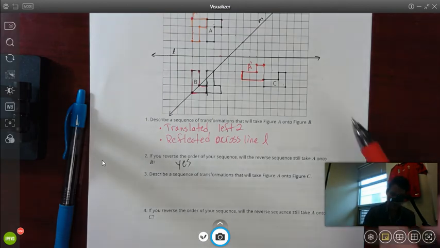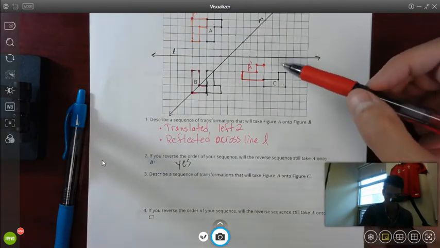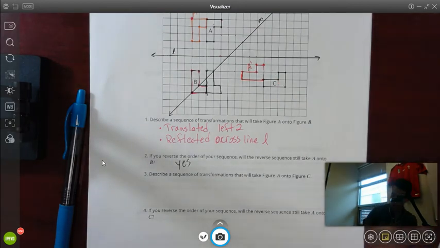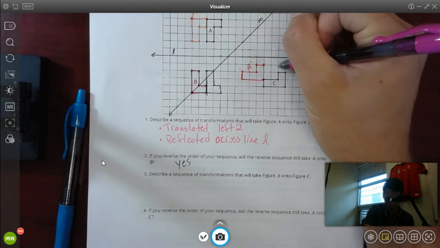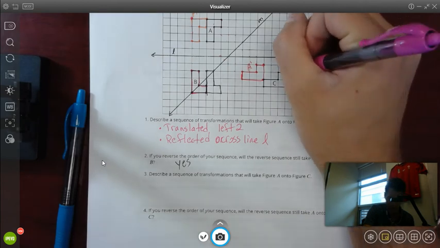And so we need to look at how we can get from A prime to C. Well, that is easy to see because we can just move this point over 1, 2, 3 spaces right and down 1.